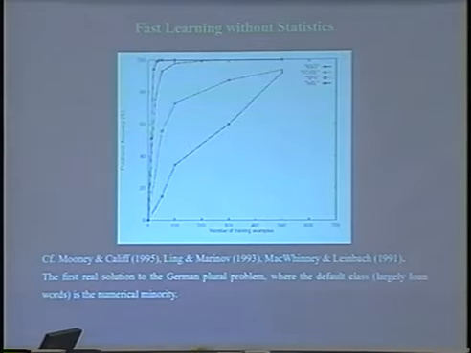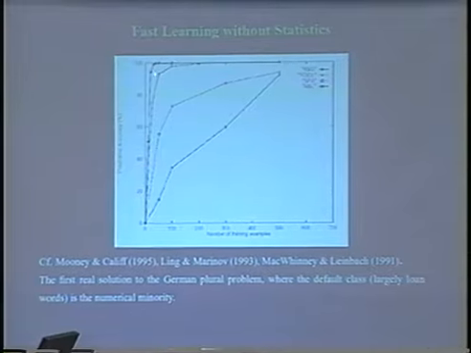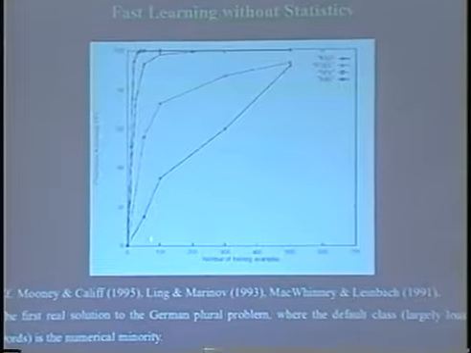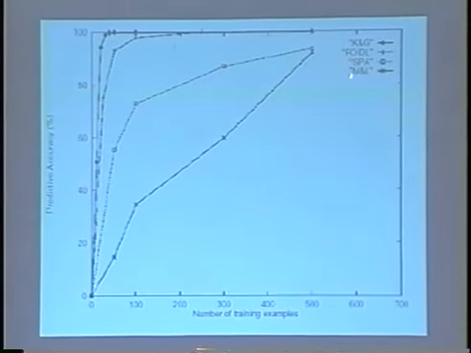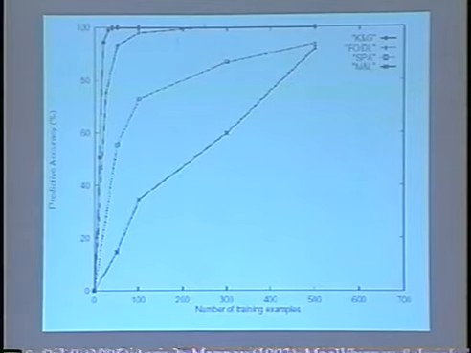So this is the chart of how many examples of regular verbs the learner sees before he reaches the right rule. You can see in this model, it got there in about 50 irregular verbs. Whereas this is a model by Mooney and Califf, which is an inductive logic programming learning model.